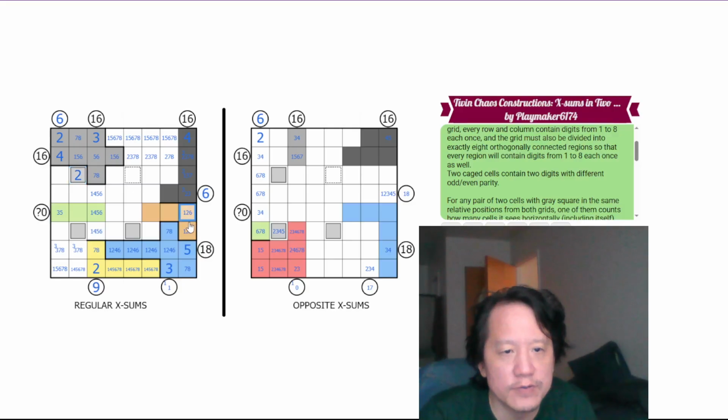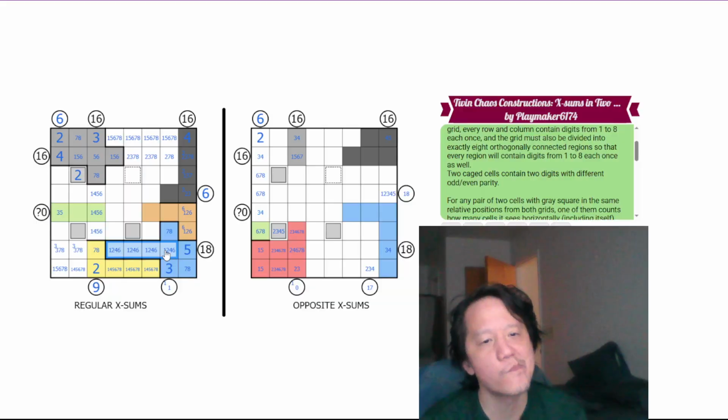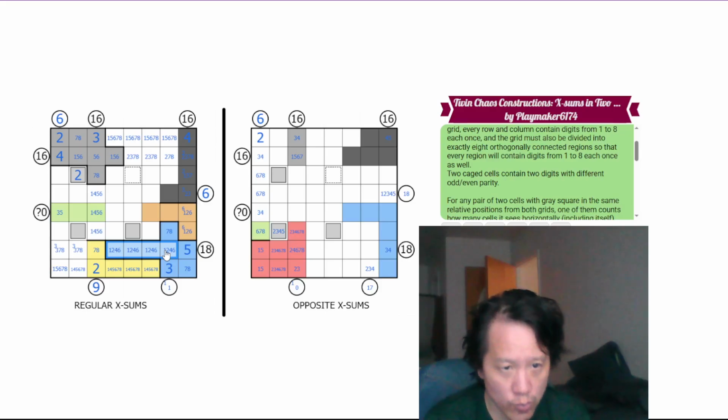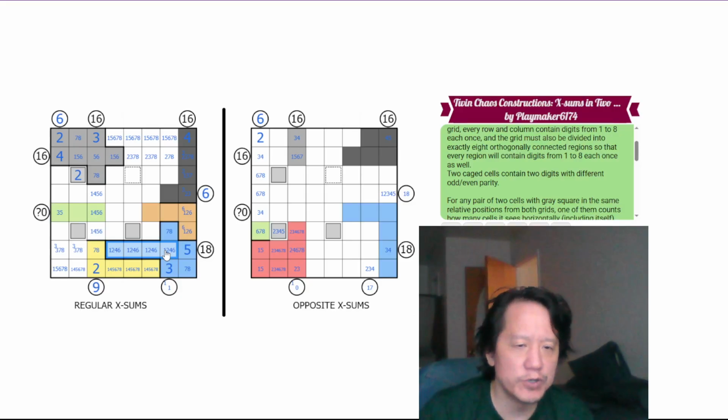Again, 6 has to be one of these 2 digits. So we know 3 out of these 6 are yellow, because yellow can't go here, it can't be connected to this region.